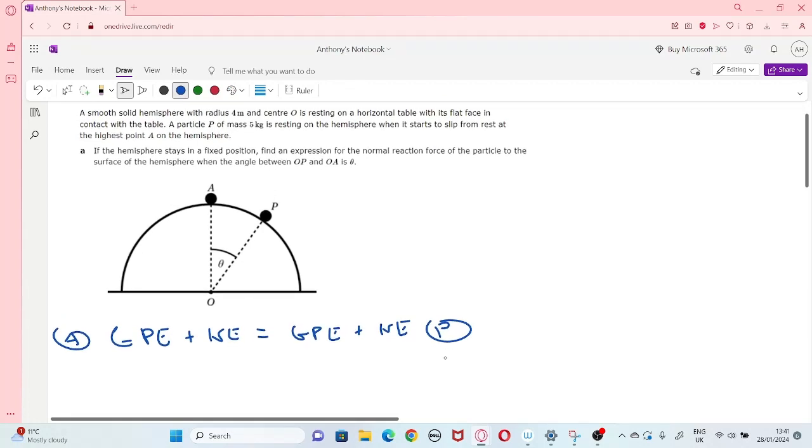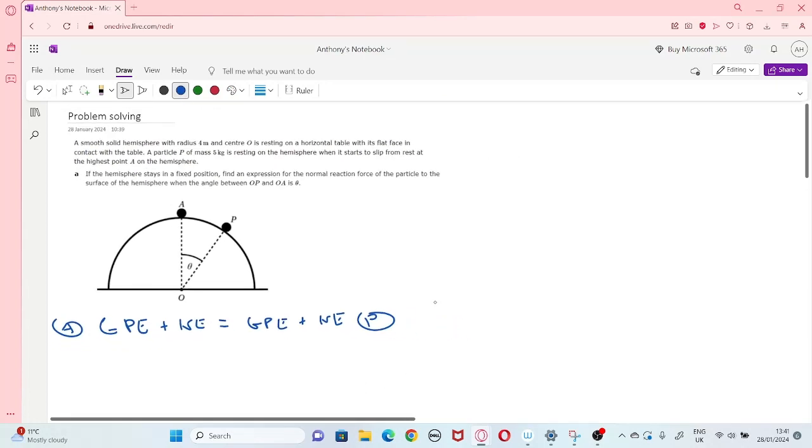So we can start calculating this. It's given that at point A, it's at rest. This means there'll be no velocity, so there'll be no kinetic energy at point A. So we only have GPE is equal to GPE plus KE.